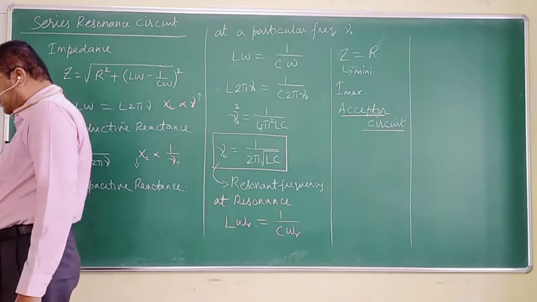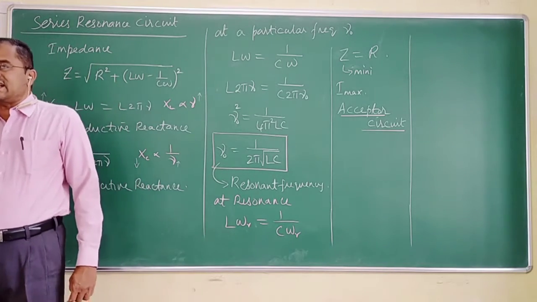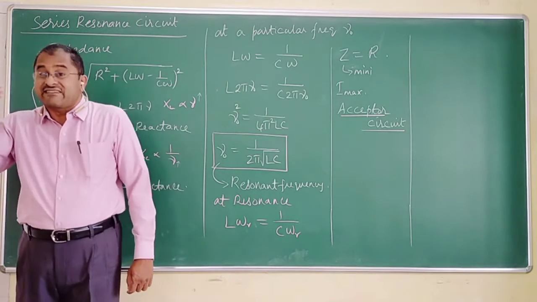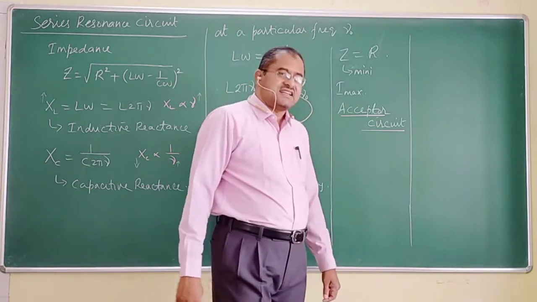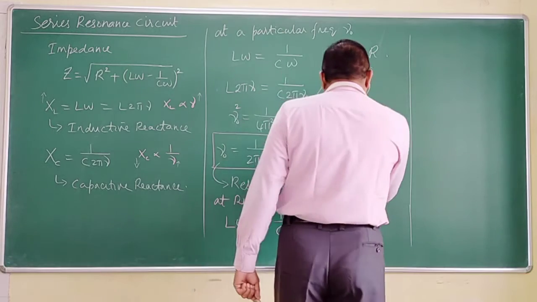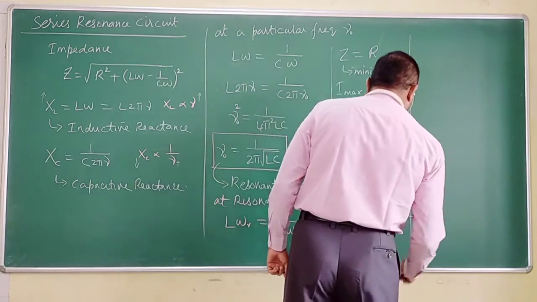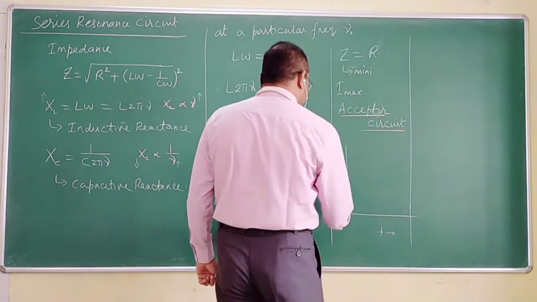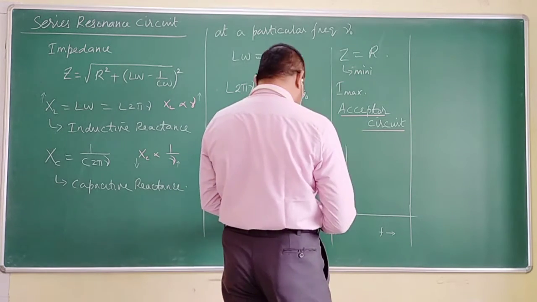Now, sir, we need to see how this LCR circuit behaves when frequencies vary. To understand the behavior of an LCR circuit when frequencies vary, we can draw a graph taking frequency along the x-axis and the corresponding current in the circuit along the y-axis.